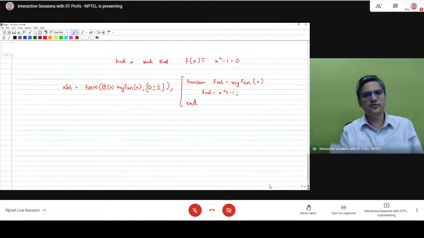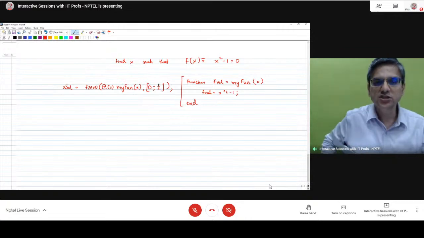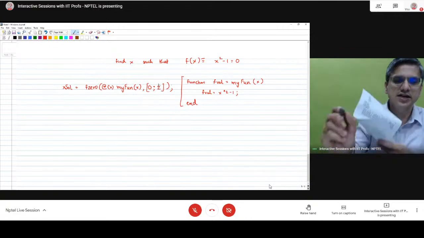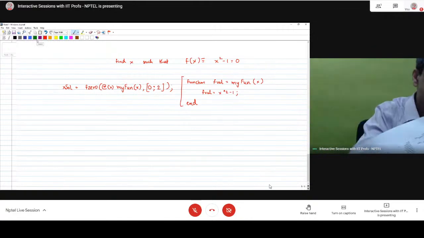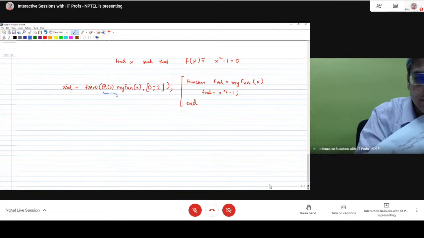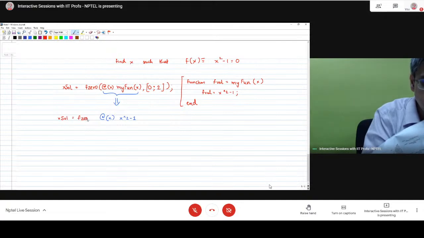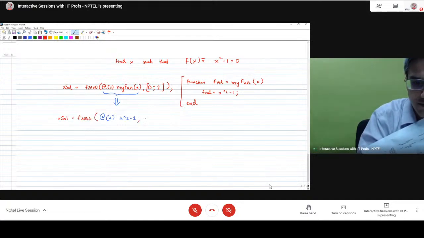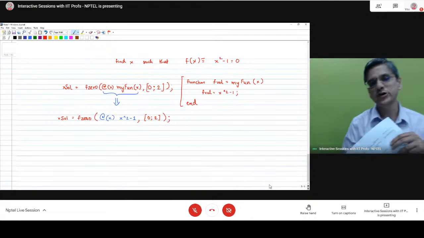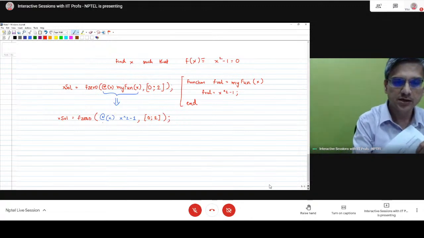This is how we have called f0 in the class. Instead of that, we can have this as an anonymous function. This will also do the same thing.